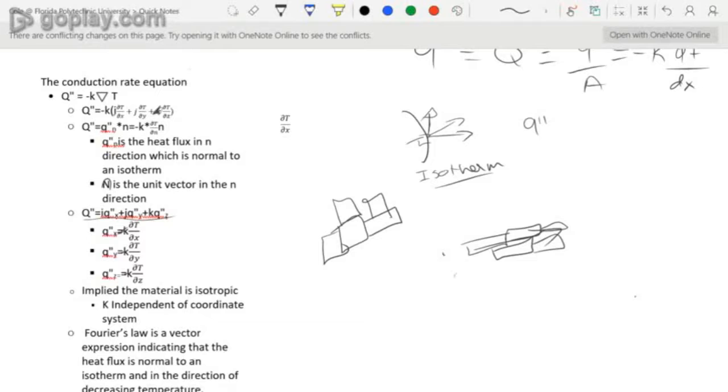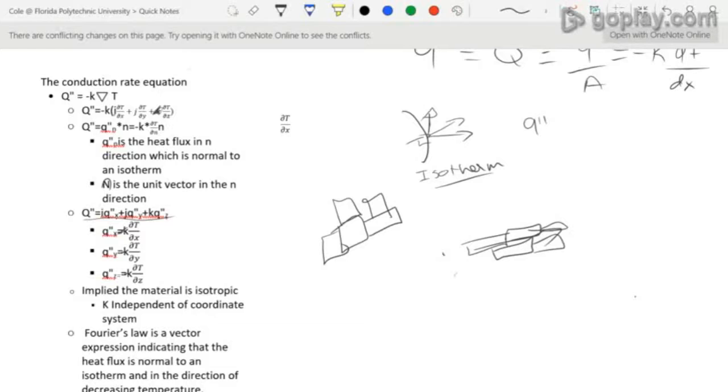And so this implies that the heat flux implies that the material is isotropic. By isotropic, it's kind of the way that the grain boundaries flow. In anisotropic, the materials kind of have a direction with them, whereas isotropic is non-directional.